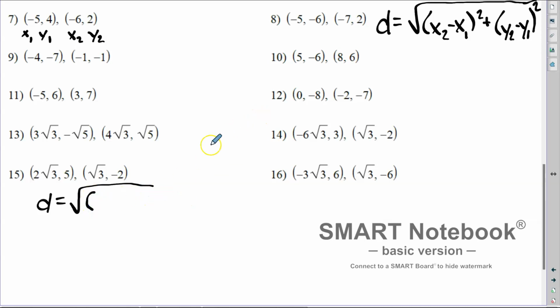I'm going to put the original parentheses, x2 is negative 6, minus x1, which is negative 5. Then I close the parentheses.